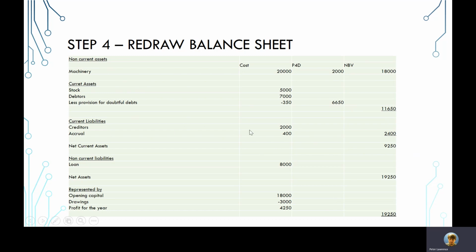In the current liabilities, we can then see the accrual of £400. Now, each of those items has affected the net assets, so it's reduced the net assets down to 19,250. And as profit is reduced down to 4,250, our equity section will also balance.